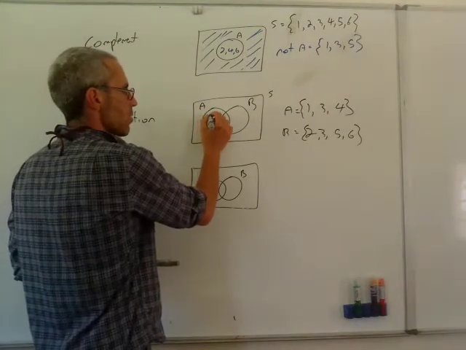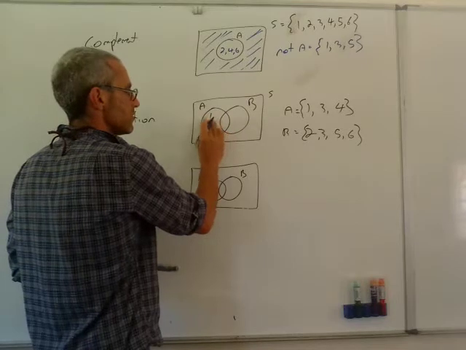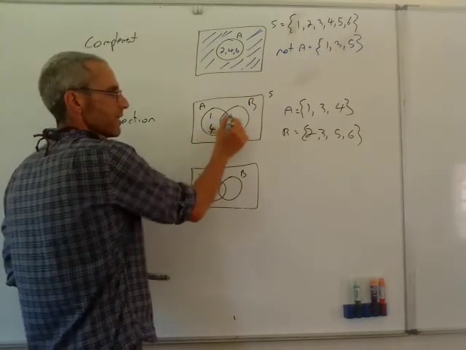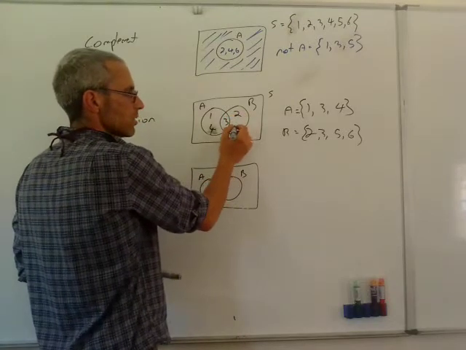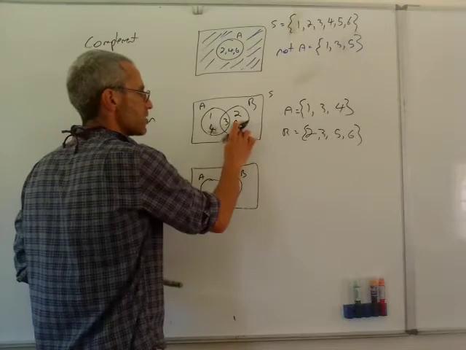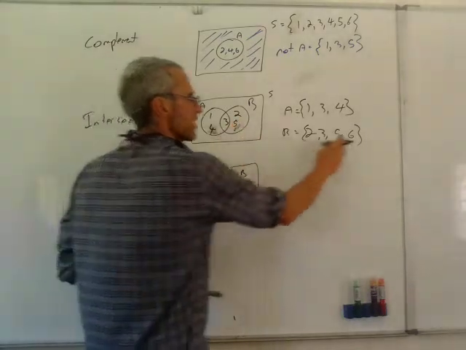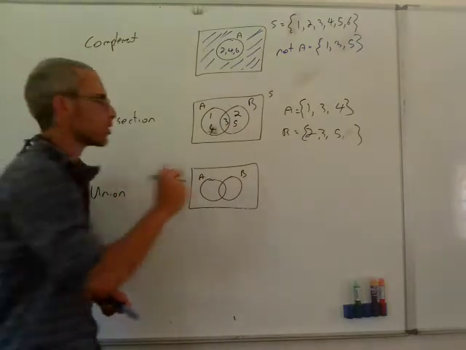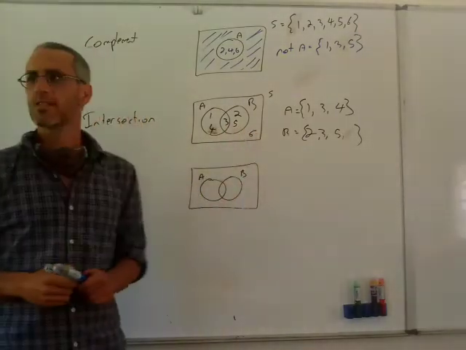I'm going to have 1, 4, and 3. That's in A. Then 2, 3, 5, and 6. Let's actually get rid of 6, just for the sake of it. So 2, 3, and 5. I'm missing one more number, which is over here, 6.